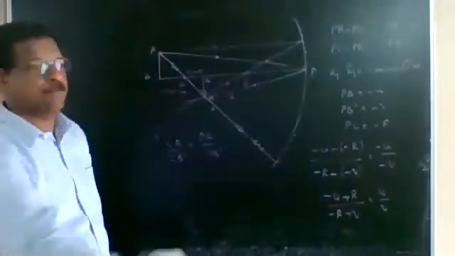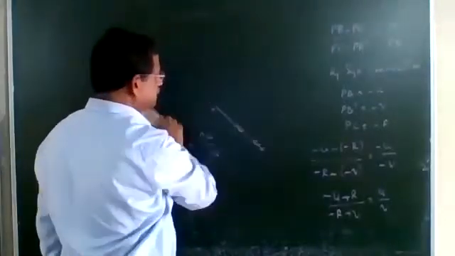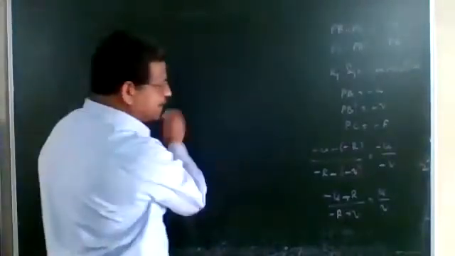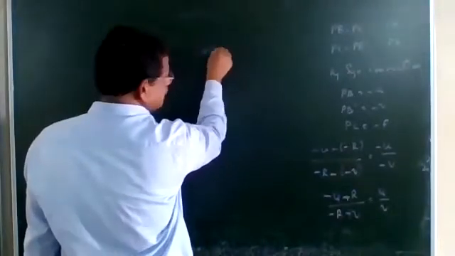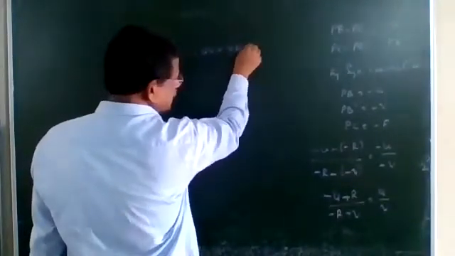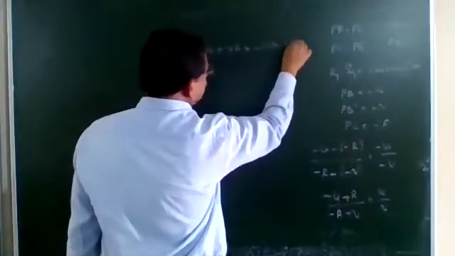Now you can cross multiply. So I am removing the diagram. Cross multiply the equations: minus uv plus vR equal to minus uR plus uv.